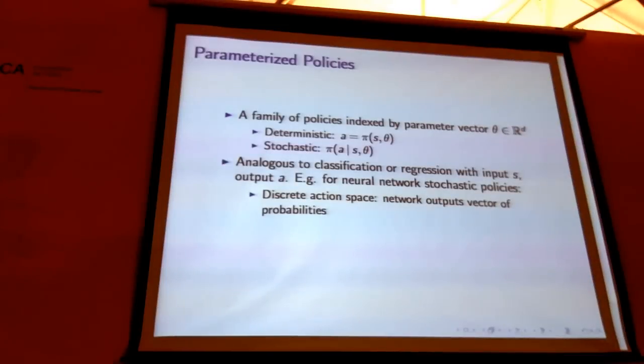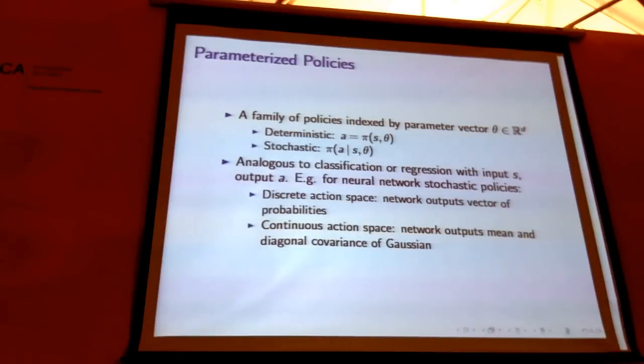For example, if you have a discrete action space, meaning that your action space is just a finite set, then you can just define a neural network that outputs a vector of probabilities, the same way you would if you're defining a classifier. And let's say you have a continuous action space, so your action space is a vector of real numbers.